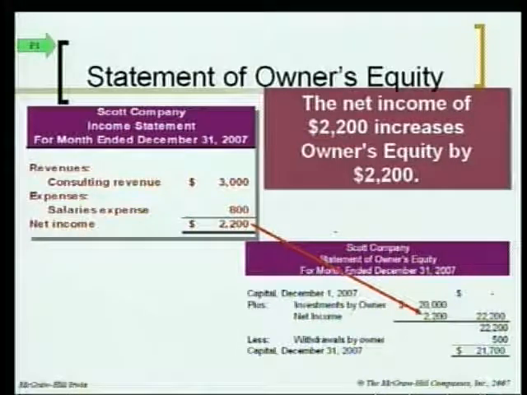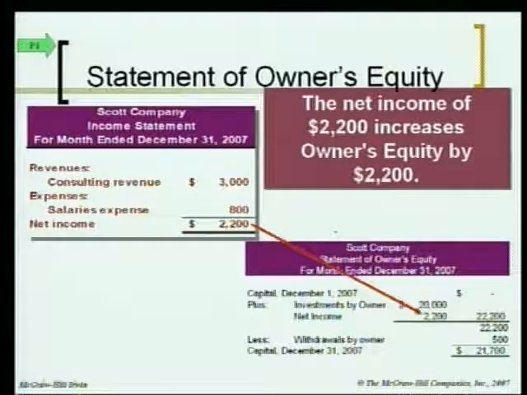It is true that all expenses decrease capital. However, what we do in format is we only show the net effect on the statement of equity. Does this make sense? I guess if you wanted to, you could say plus revenues of $3,000, less expenses of $800, but nobody does it that way. You just show the net effect of the $2,200.